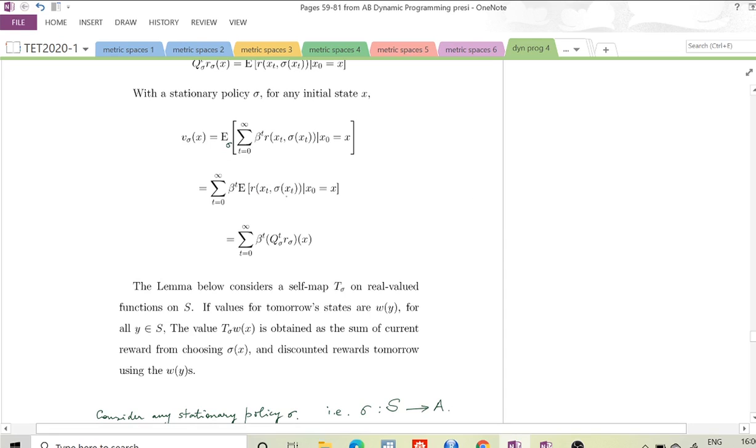You will do that by saying that, look, at time 0 I was at x. So what is the probability with which I will be in different states y at time t? And what is my instantaneous payoff or reward at time t if x_t happens to be a certain state y, and I'm playing my stationary policy sigma, so I'll play the action sigma of y.